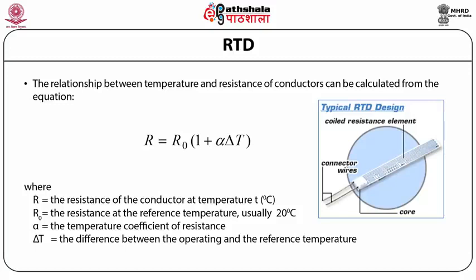Alpha is the temperature coefficient of resistance, and delta T is the difference between the operating and the reference temperature. So students, this figure shows a typical RTD design where we have a coiled resistance element which is provided with a core and the connecting wires.